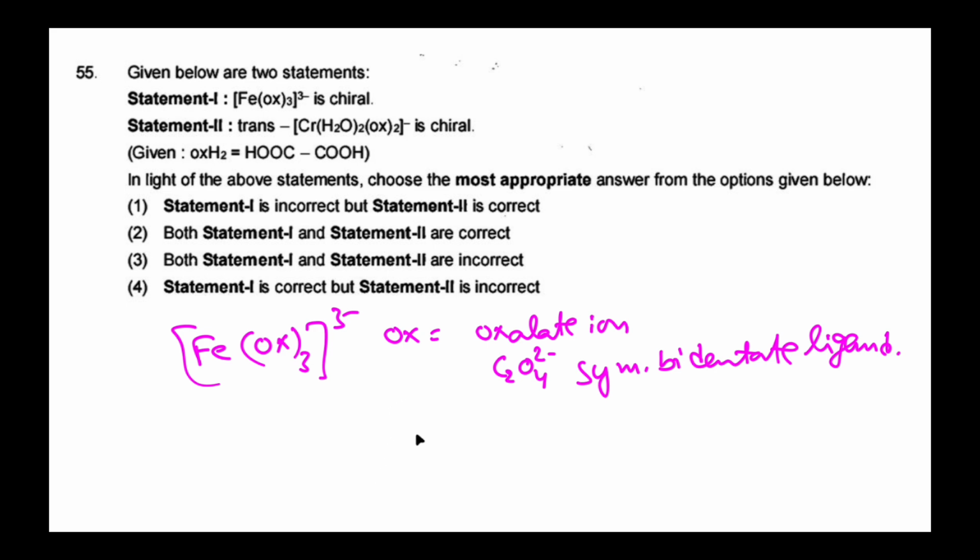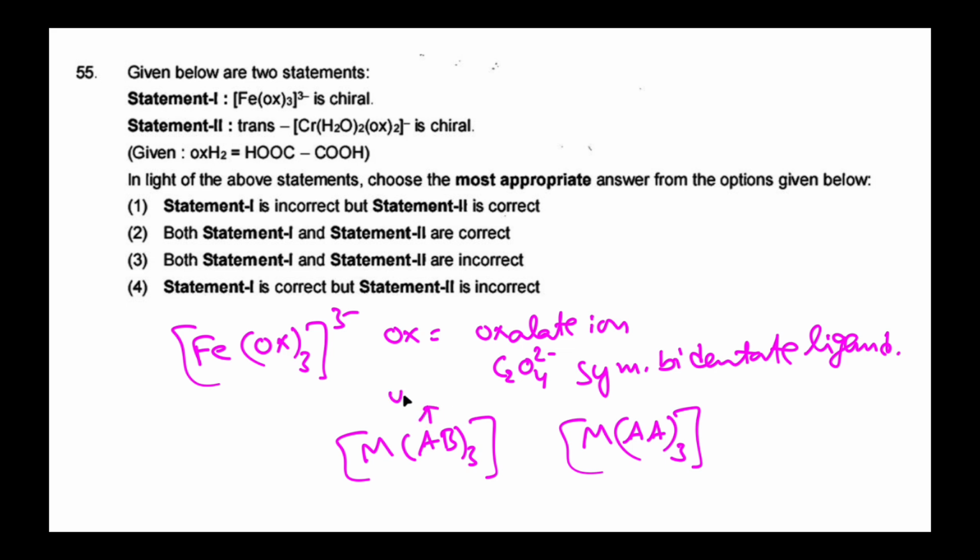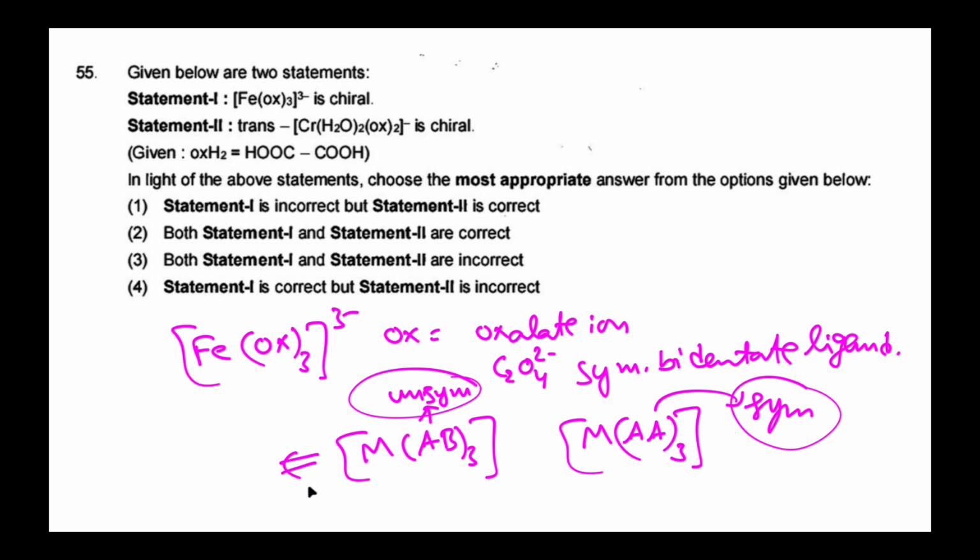So we know very well in M(AB)3 and M(AA)3, here AB is an unsymmetrical bidentate ligand, and AA is a symmetrical bidentate ligand.